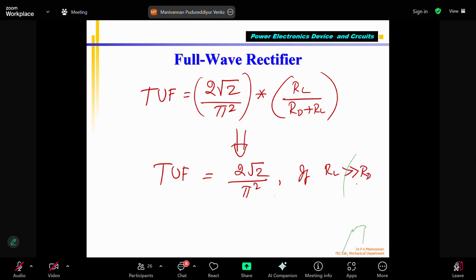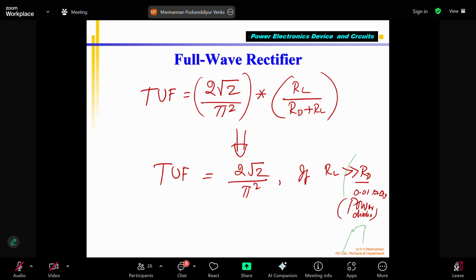What is RD? Diode resistance. I told you the diode resistance will be in the order of 0.01 to 0.1 ohm in the case of power diodes. The RD, dynamic resistance, can be 0.01 ohm.